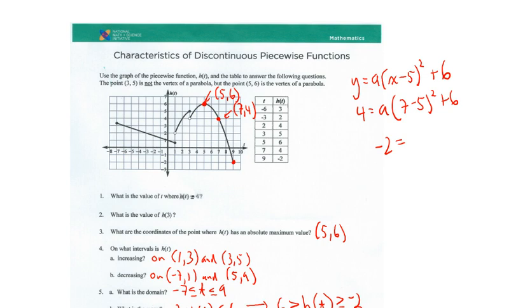So let's do this real fast. If I expand this out, hopefully a lot of you can do this in your head, (t minus 5) squared is going to give me t squared minus 10t plus 25.